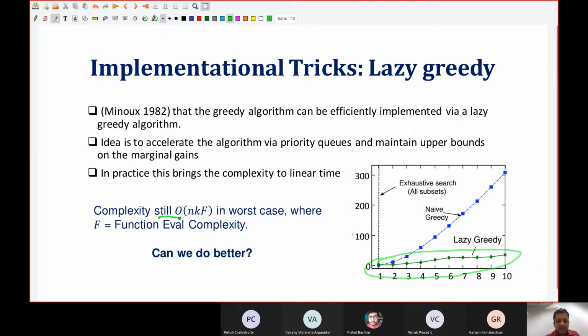So the complexity is still O of N F k, where F is the function evaluation cost. It is still order Nk in the worst case. But in practice, as I said, it's much better. In fact, it brings this complexity to linear, in the sense that the growth is like flat.